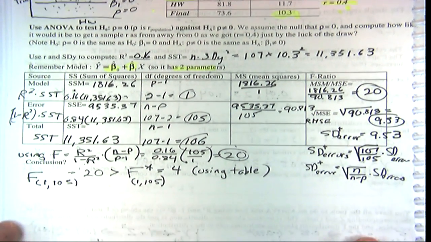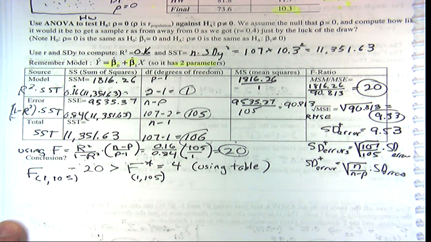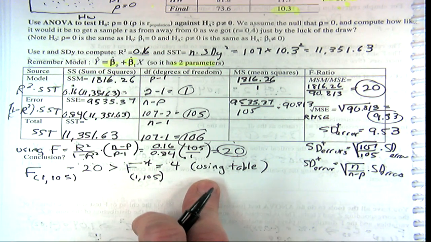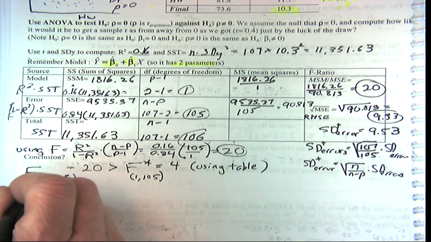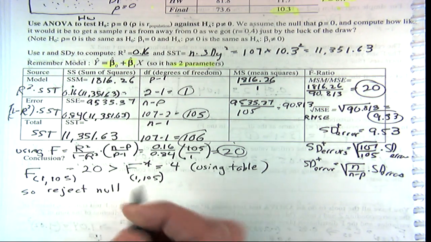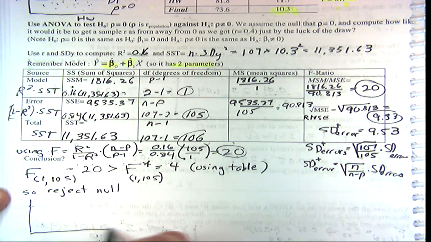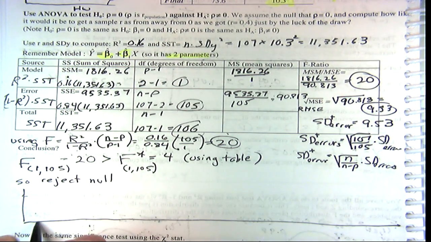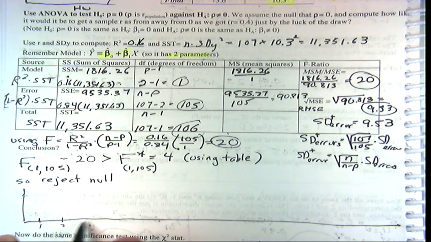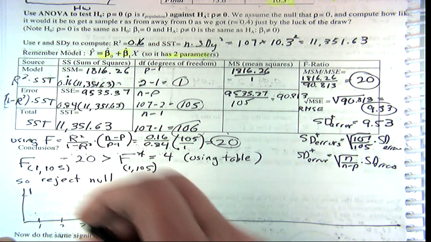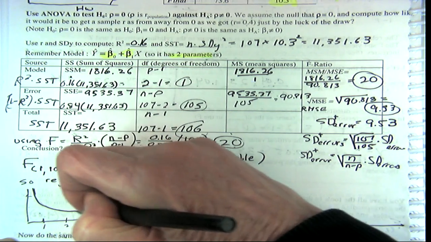Now, are we going to reject the null? This is much greater. So yes, we're going to reject the null. So reject the null big time. Because look what it's going to look like. We've got 20 and 4. We'd expect 1, 2, 3, 4.